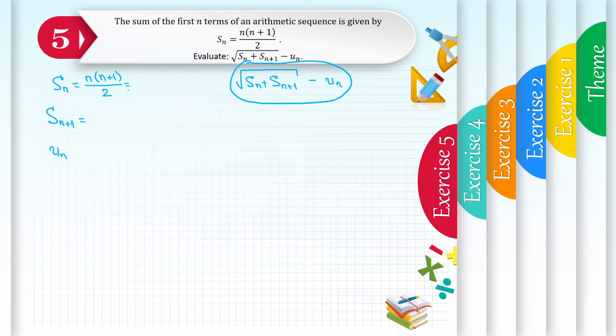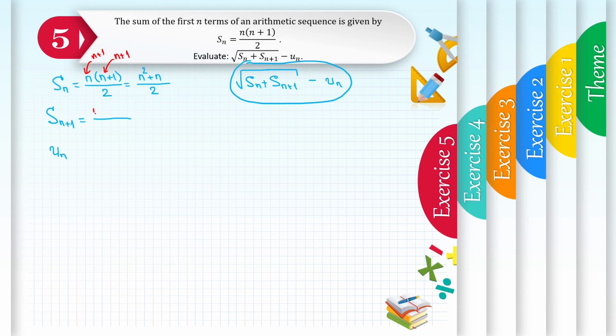I will go back to the formula for S sub n and I will expand it, so we will obtain n squared plus n over 2. For finding the formula for S sub n plus 1, we are going back to our formula of S sub n and we are replacing n by n plus 1 here and this n by n plus 1.